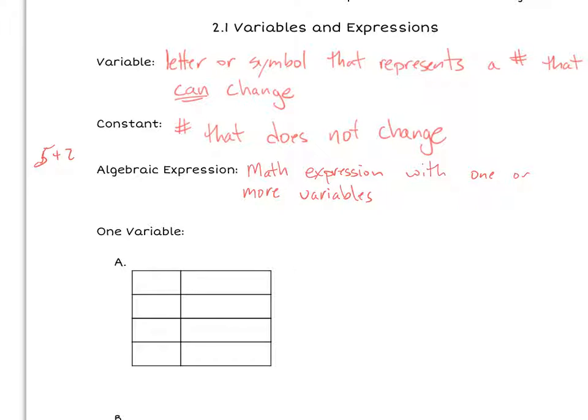Yeah, those variables are going to be in the form of letters. Variables or letters. And because it's an expression, it's going to have a plus, a minus, a multiply, a divide, some sort of operation as well. So an example of that would be 150 plus y. That's an algebraic expression. It's a math expression, and it has a variable in it.